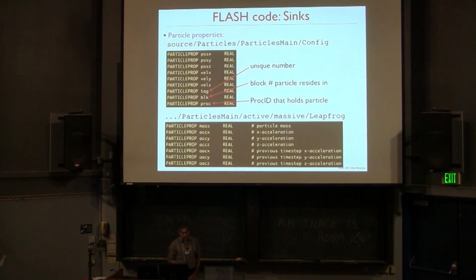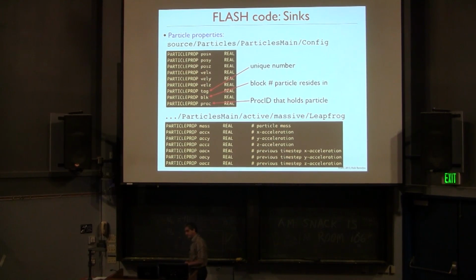Let's go through a couple of particle properties you find in the FLASH code. Of course, you want to know the position and so on. This is already provided by the main particle module, so the positions and the velocities, and then some internal information about a unique tag, which might also be useful.